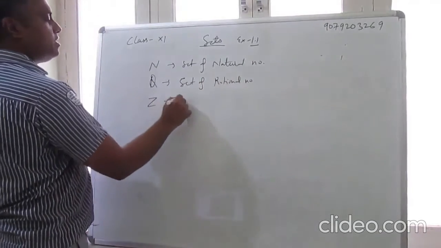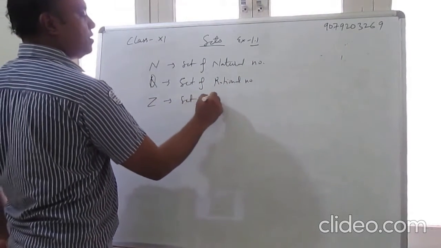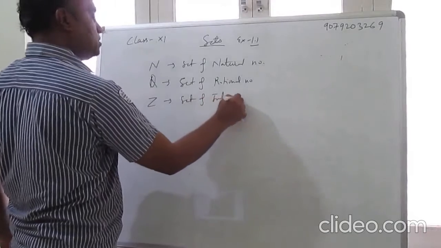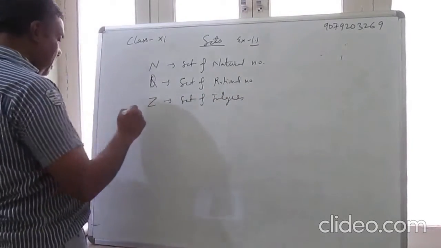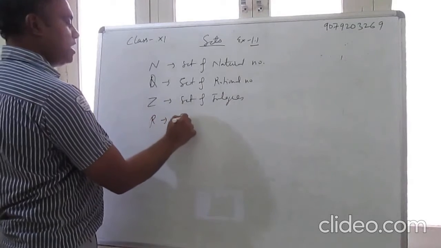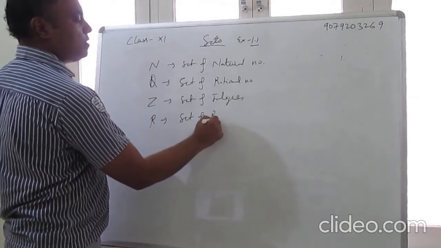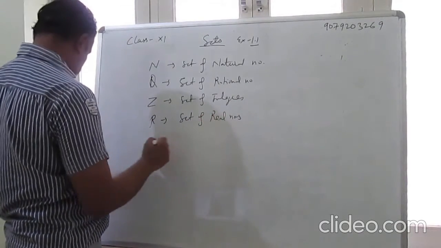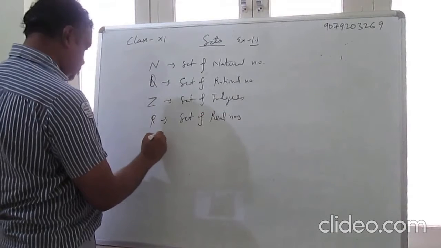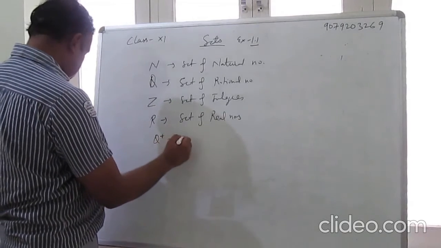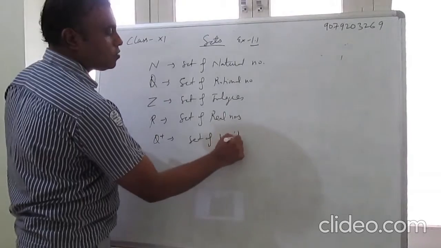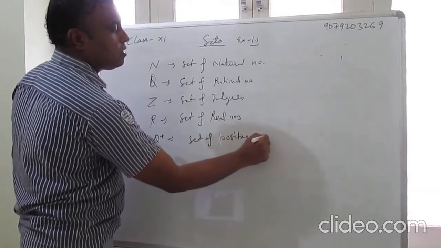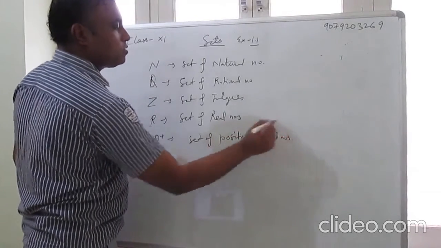What is Z? Set of integers. What is R? Set of real numbers. What is Q plus? Set of positive rational numbers.